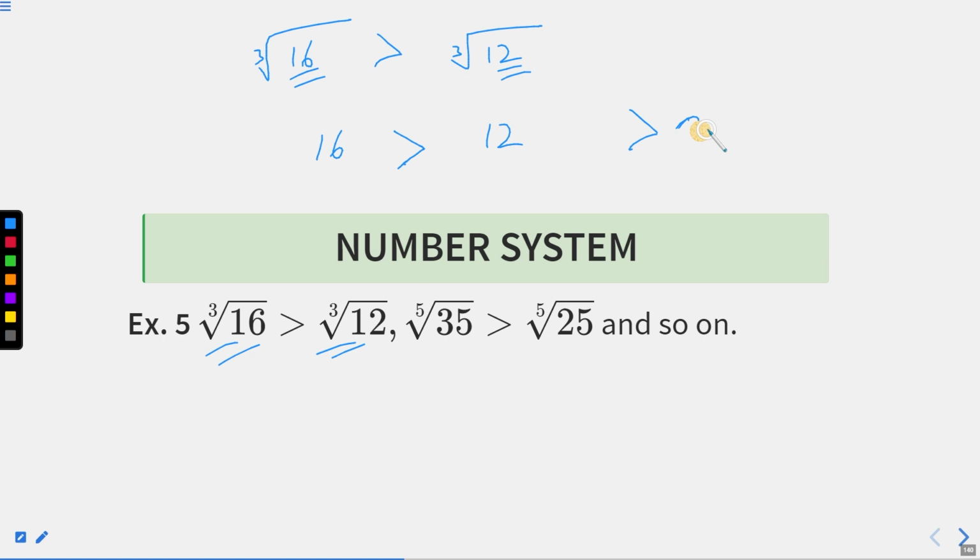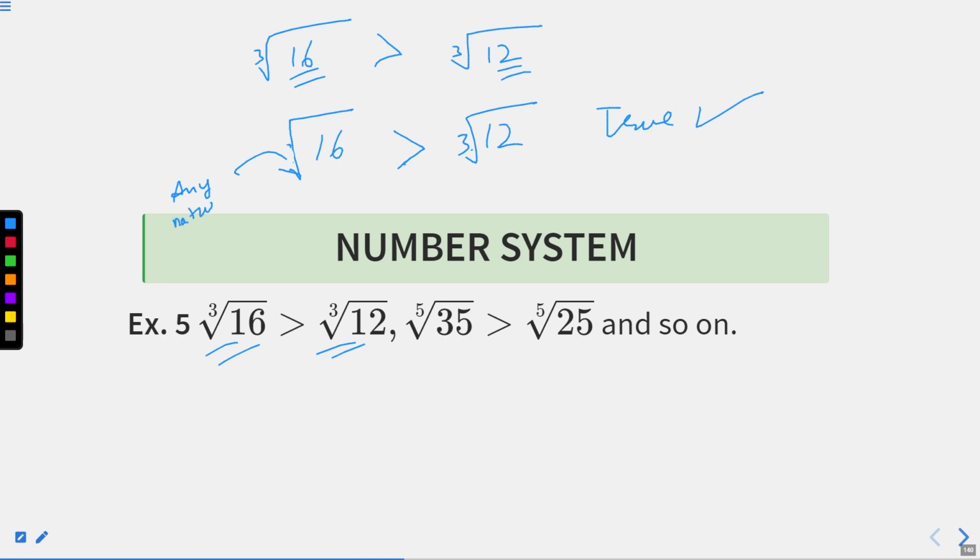Yes, it is. So if I apply 2 here and root of 2 here, it is true. What about 3? If 3 was here and 3 was here, yes, also true.